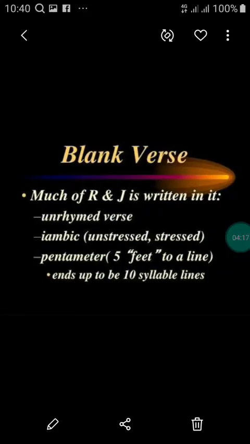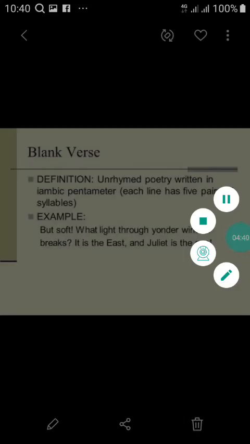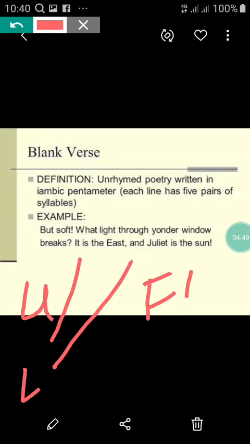So let's see further. Iambic: unstressed, stress. Pentameter: five feet, ending up at 10 syllables. It is a category of poetry based on unrhymed lines and definite meters, usually iambic pentameter. So the definition: unrhymed poetry written in iambic pentameter. Each line has five pairs of syllables. Unstressed, stress, it's one foot. Foot 2, unstressed, stress.